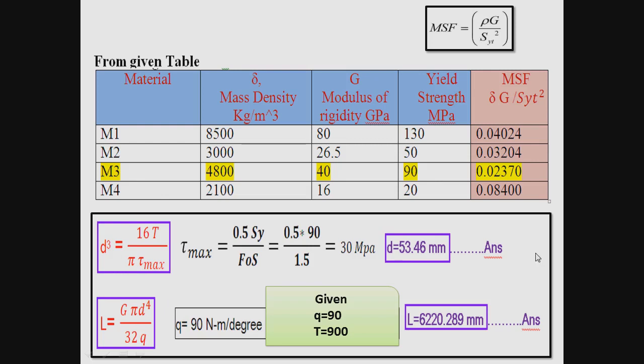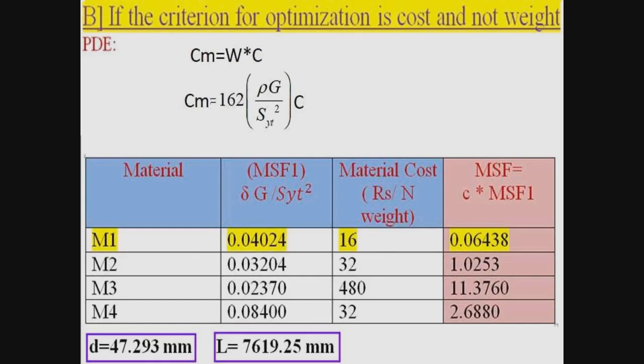So don't get confused in the units. Substitute the value of D, that is 53.46, and Q is 90. Here this is in Newton meter per degree. Substitute all the values, and you will get length equal to 6220.289 mm.